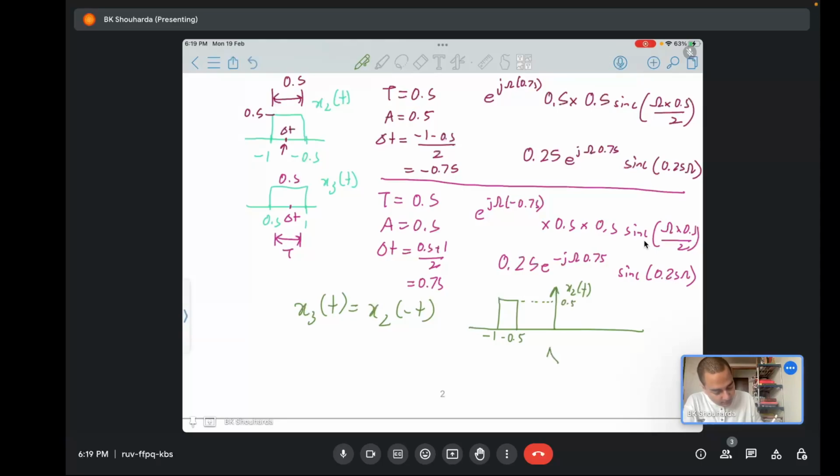And what does x3 of t look like? Yeah, so x3 of t starts at 0.5 and 1. So as you can see, these are mirror images of each other.